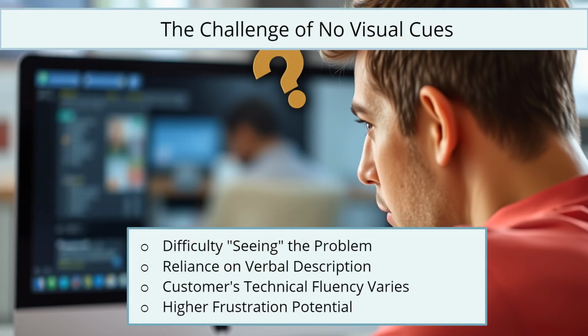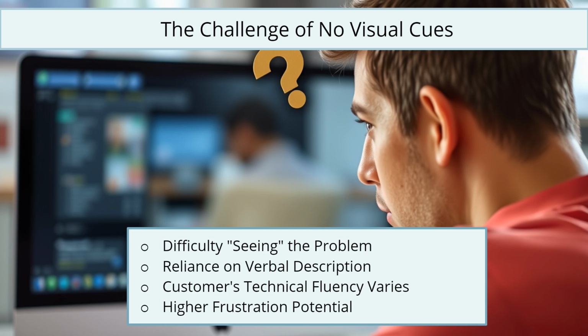Remote troubleshooting presents a unique set of challenges, primarily due to the absence of visual cues. Firstly, you can't see the problem directly, meaning you're entirely reliant on the customer's verbal description, which can sometimes be vague or incomplete. Secondly, the customer's technical fluency varies widely. What's obvious to you might be a completely new concept to them.